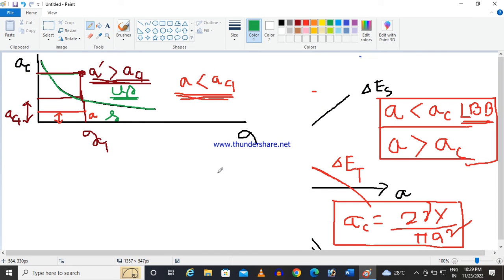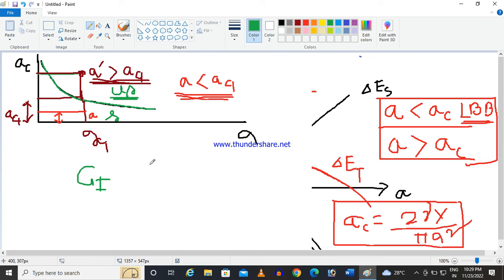Here I want to introduce one more variable or constant. Let us name it G1. As I told, all we discussed is about the mode 1 fracture.